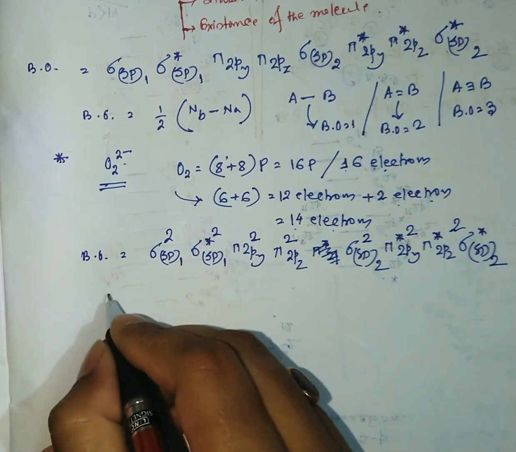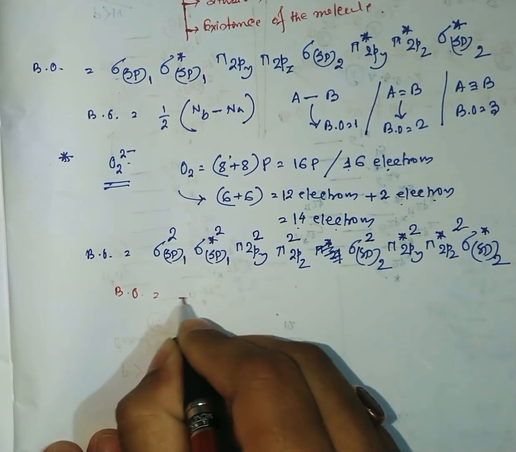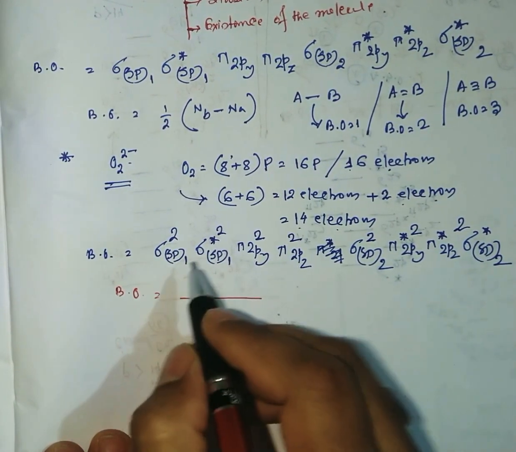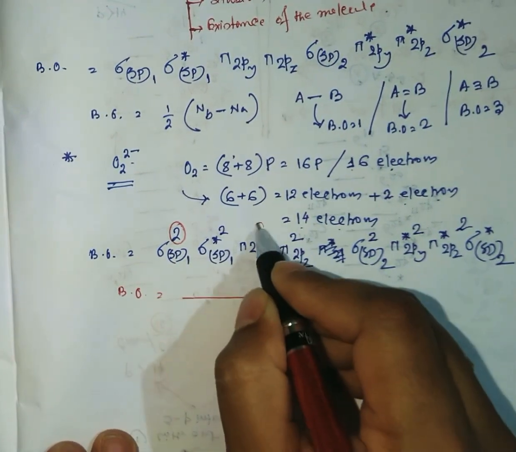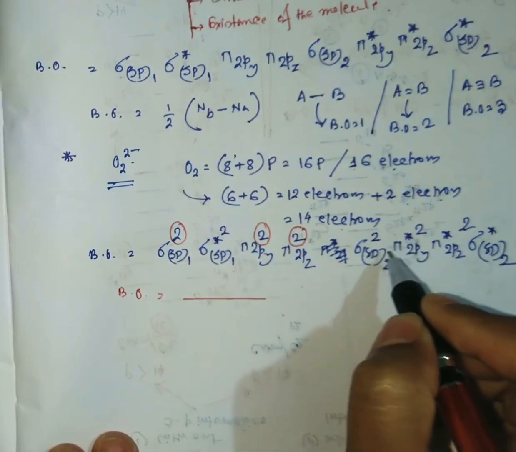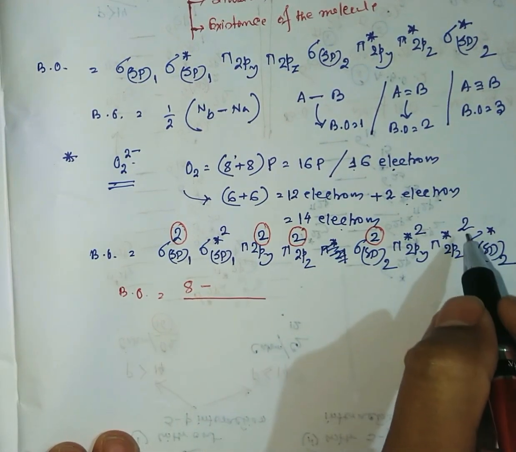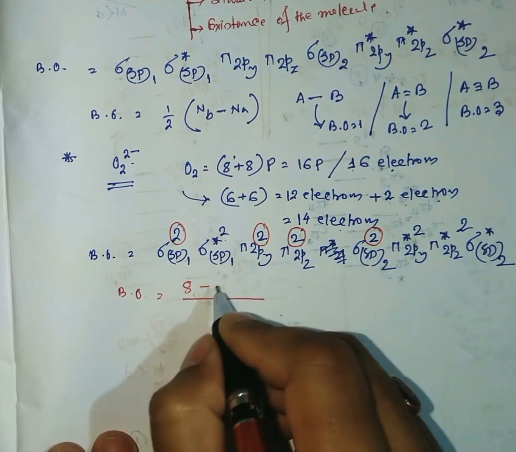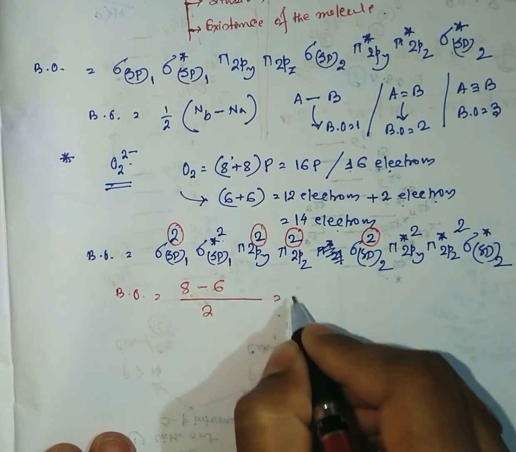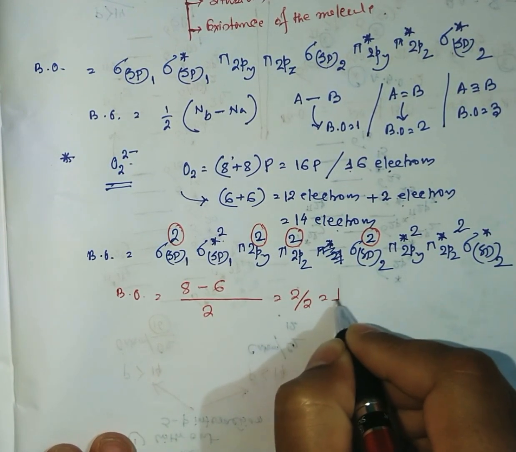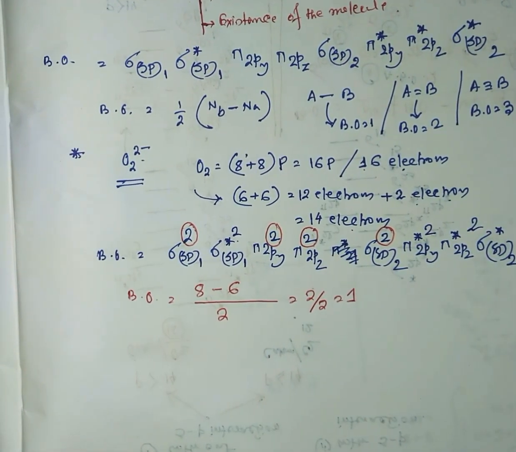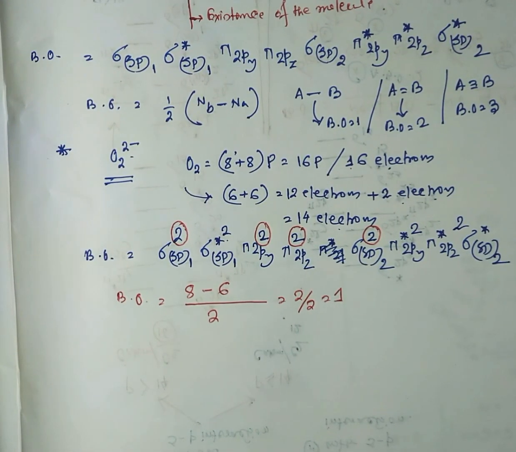So bond order equals number of bonding electrons, 8, minus number of antibonding electrons, 6, divided by 2. That means 2 by 2 equals 1. So O2 2 minus bond order equals 1.